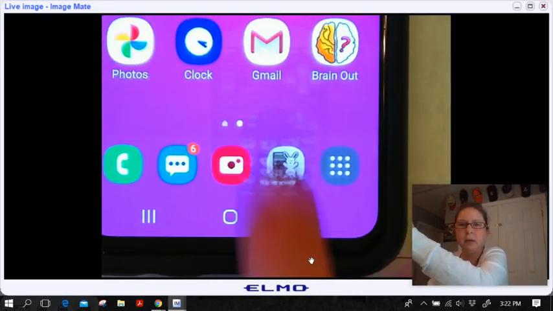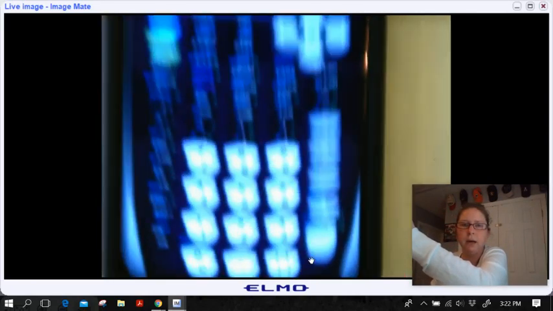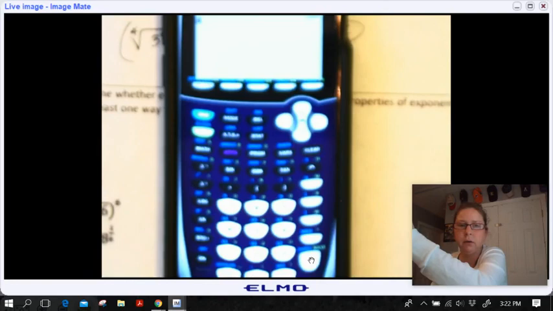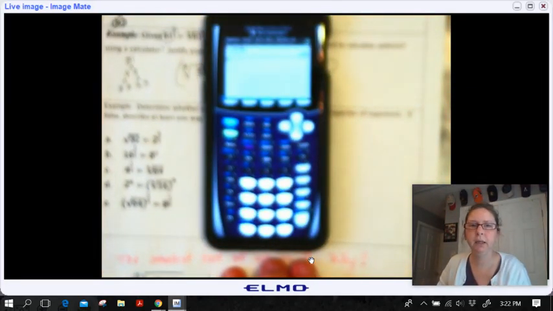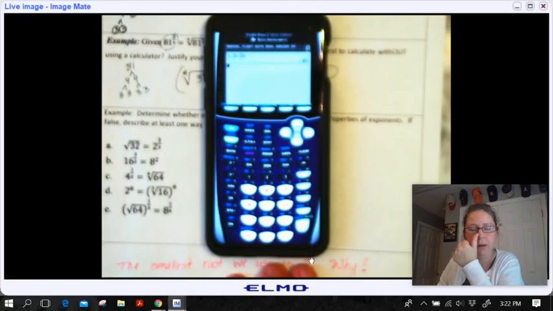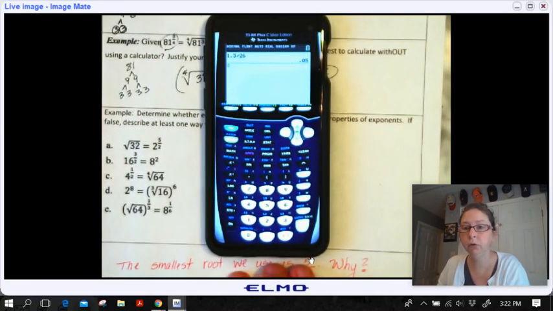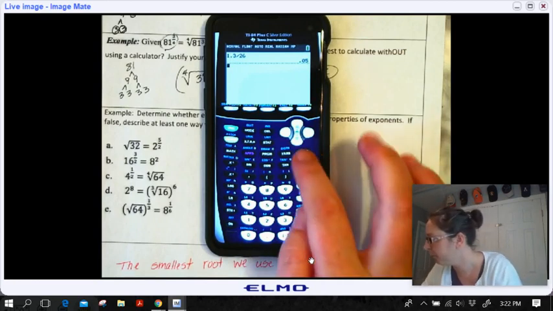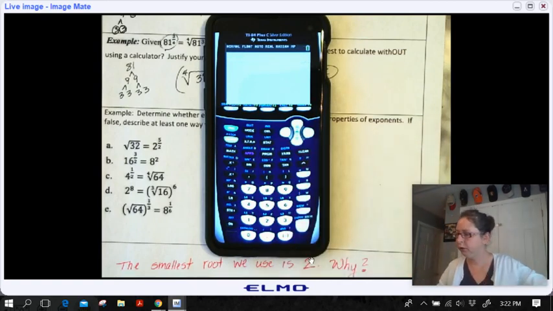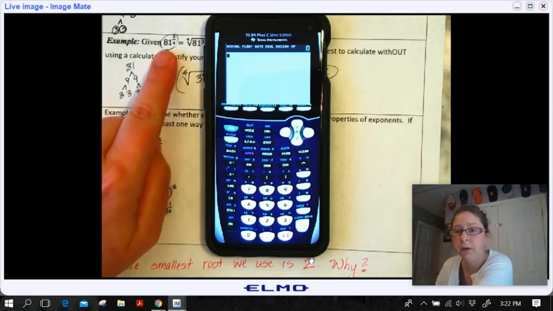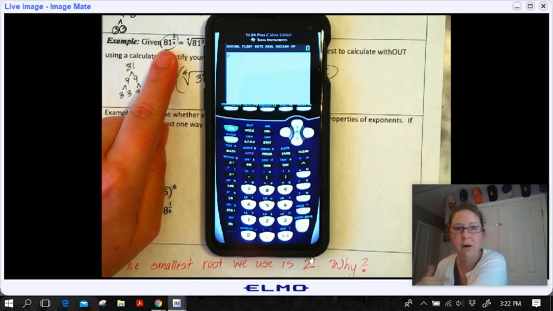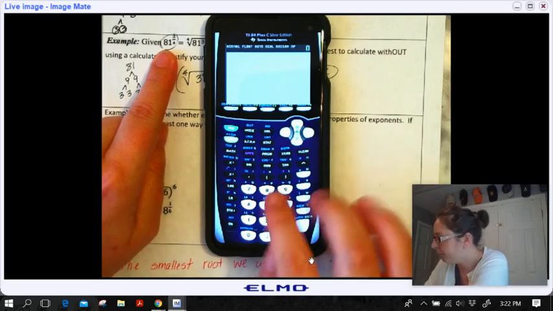If you click it, I now have a regular looking TI-84 graphing calculator built right into my phone. That'll save you about $120 if you were to go to the store and buy a graphing calculator. Okay, so here's what I'm going to do now. I'm going to type in 81 to the 3/4 power and check our answer, see if we did it right?